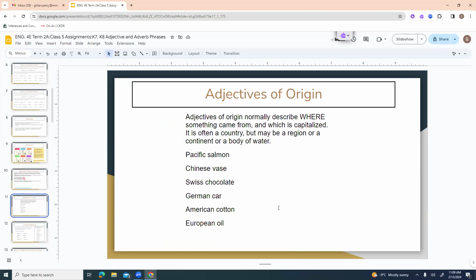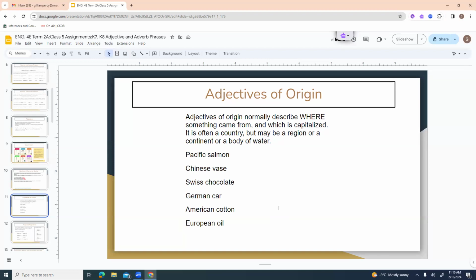Adjectives of origin. Adjectives of origin describe where something came from. And it's often a country. It could be a region or a continent or even a body of water. And it's generally capitalized to show that it's a proper noun. So like Pacific salmon came from the Pacific Ocean.